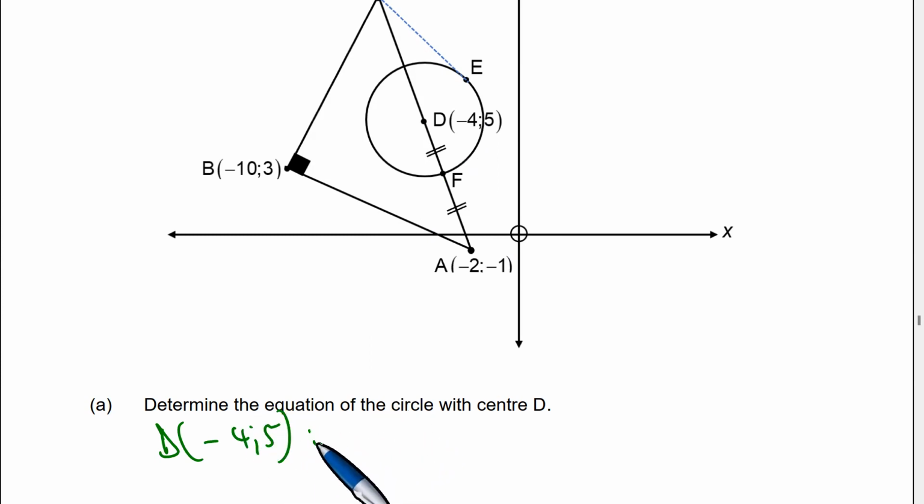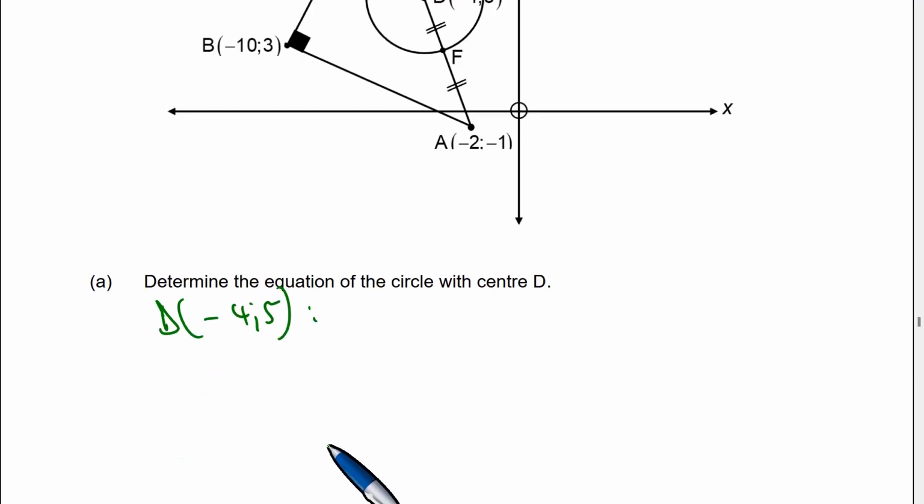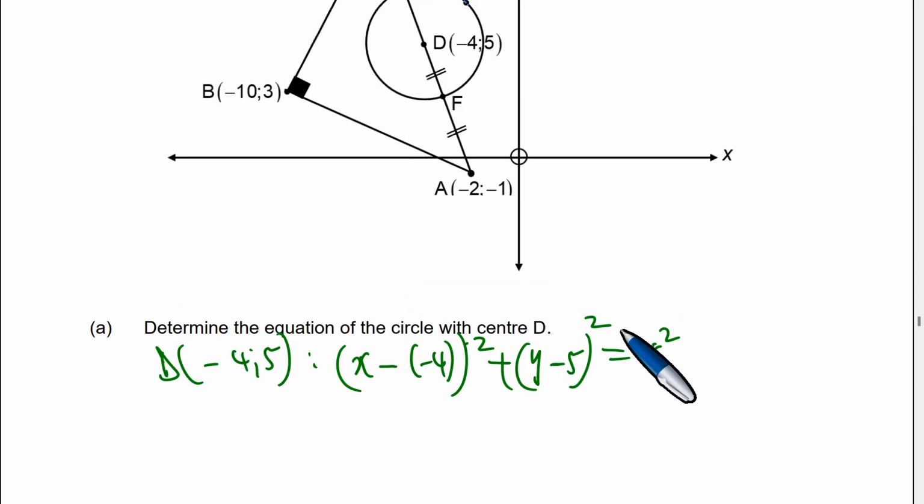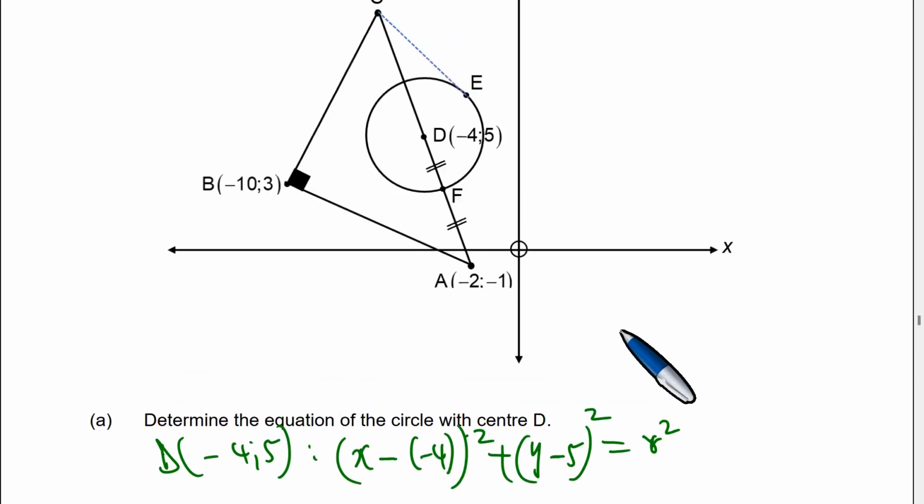So this would be (x minus -4) squared plus (y minus 5) squared equals the radius squared. That is the formula we can use, but now we need to find the radius.